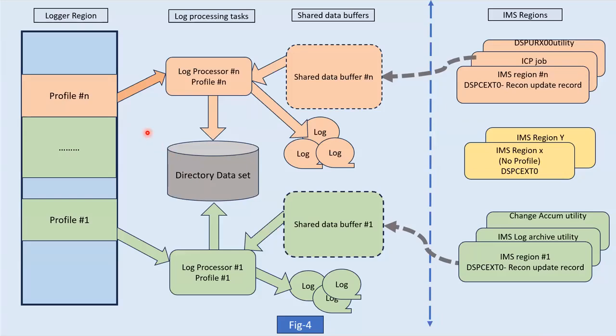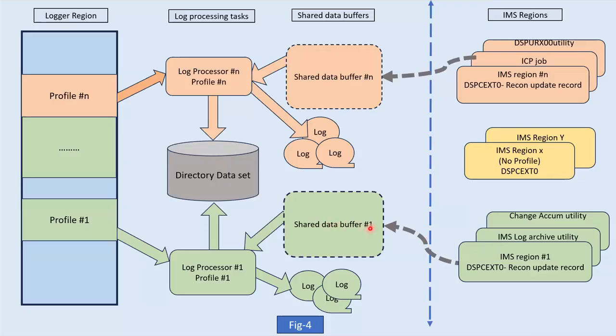On the right-hand side, you have all the IMS jobs running. And on the left side in the logger region, you can see we have defined two profiles, profile number 1 and profile number M. So if any of these jobs running on the right in green, like using profile 1, updates the recon, which will generate log records, we'll write them to the shared data buffer number 1.